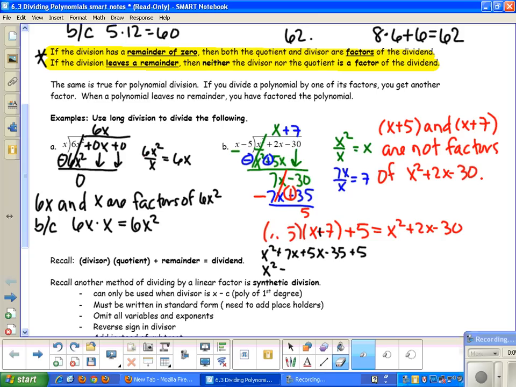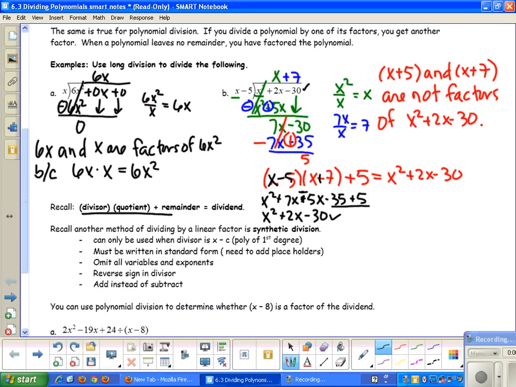Combine like terms, so that would give me plus 2x, and then minus 35 and plus 5 would be minus 30. So that would give me this answer right here. And because of that remainder part, we know that they are not factors of the given polynomial.